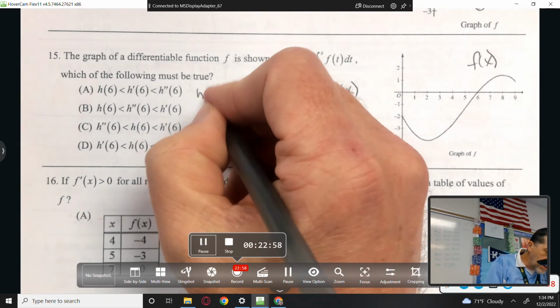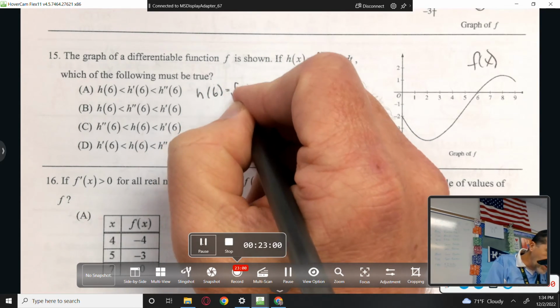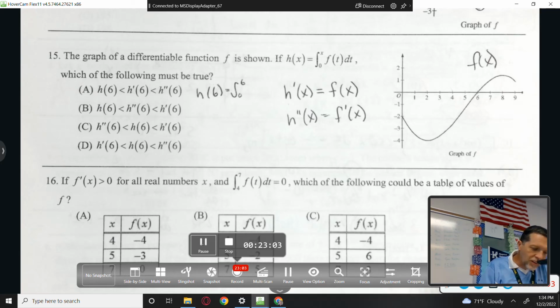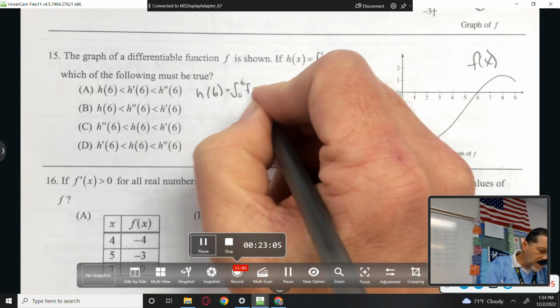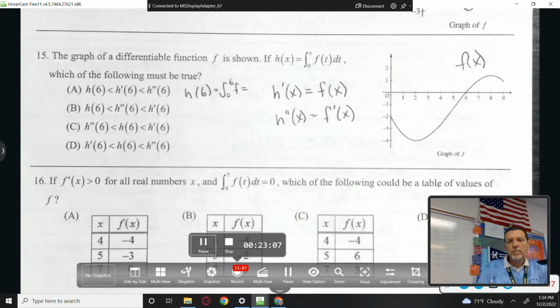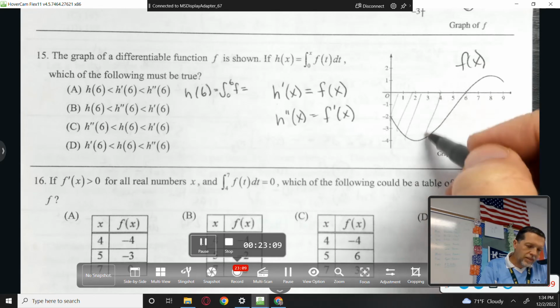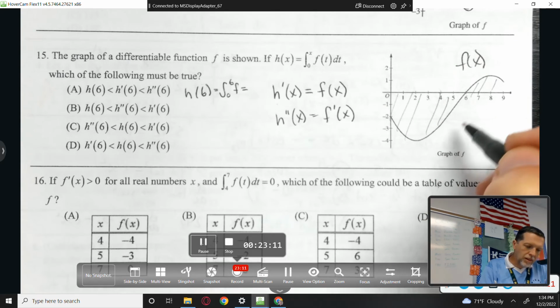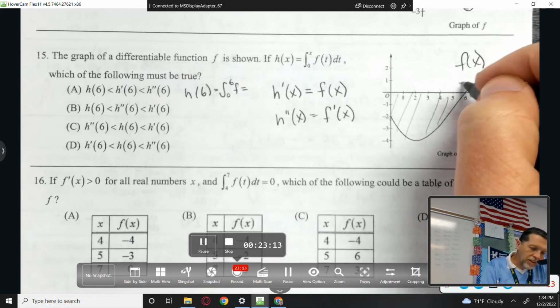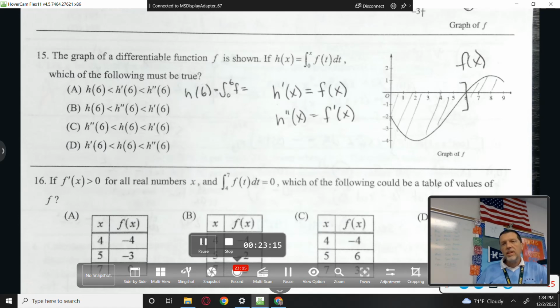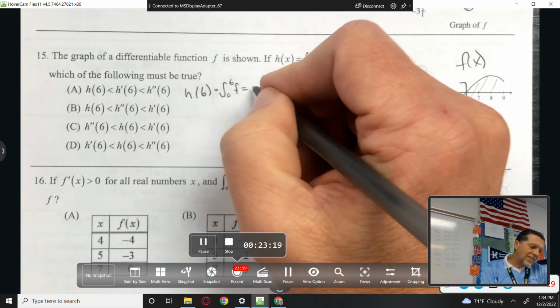H of 6 is the area from 0 to 6 of f. From 0 to 6, I can stop at 6. Without knowing much about it, all I could say is that it's negative.